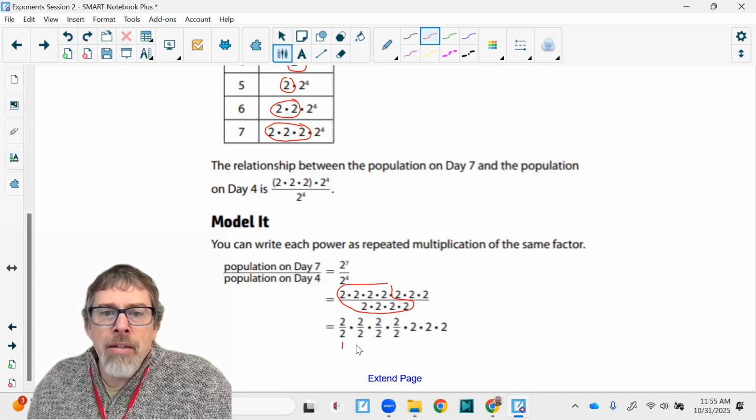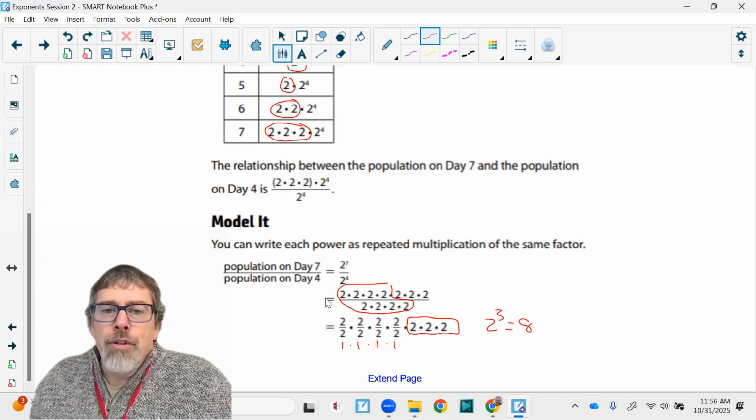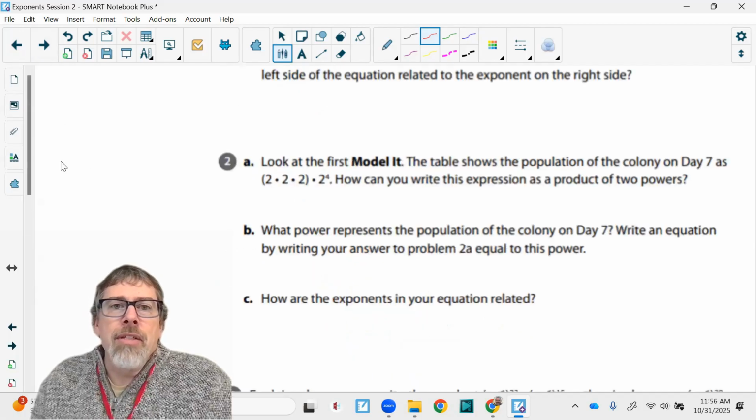Well, anything divided by itself is 1. So 1 times 1 times 1 times 1 is just 1. So then we get left over the 2 cubed, which is 8. So we're going to lead into something here, and that's the rule for exponents and division. That's what this lesson's all about.